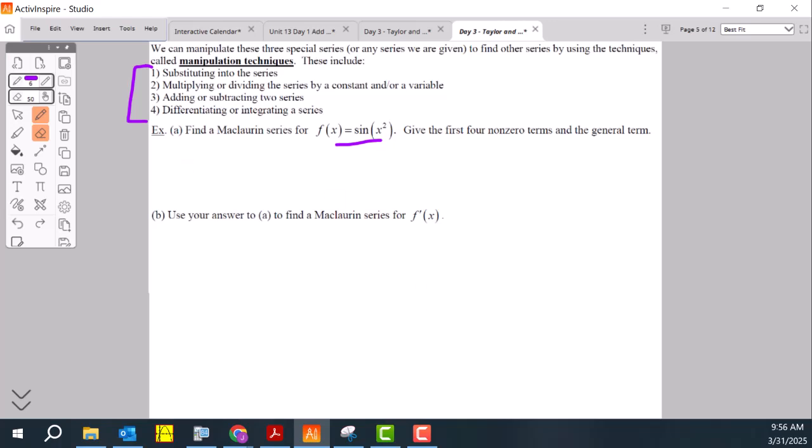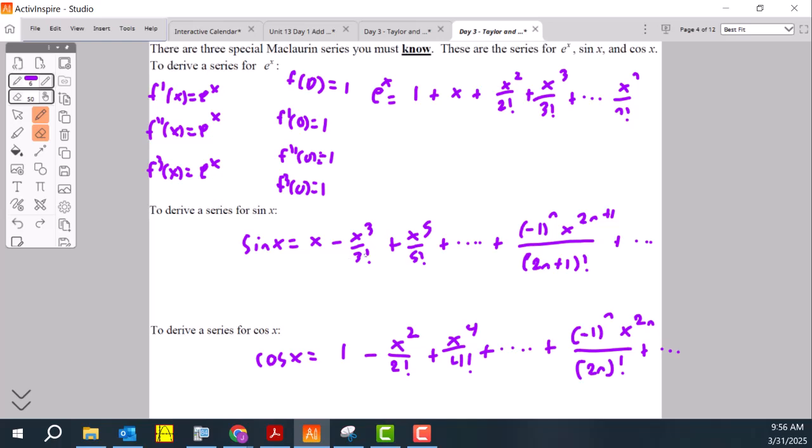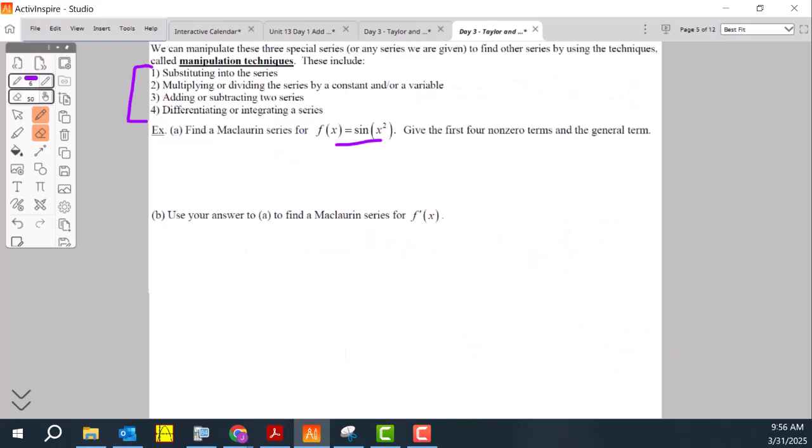So if we go back, sine was x minus x cubed over 3 factorial plus x to the 5th over 5 factorial. So this one, f of x, is going to be x squared minus x squared to the 3rd, which is x to the 6th over 3 factorial, plus x to the 10th over 5 factorial.